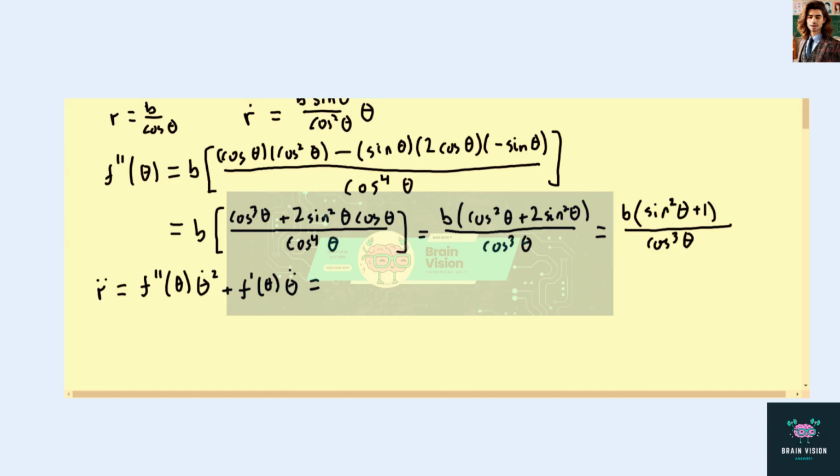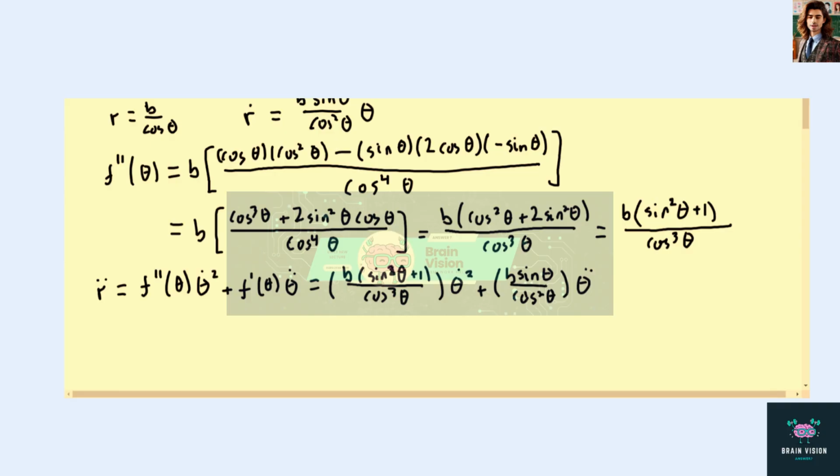And so that's going to be equal to, so the second derivative we just found, b sine squared theta plus 1 over a cosine cubed times that theta dot squared, and plus, we got that first derivative is b sine theta over a cosine squared theta times our theta double dot.